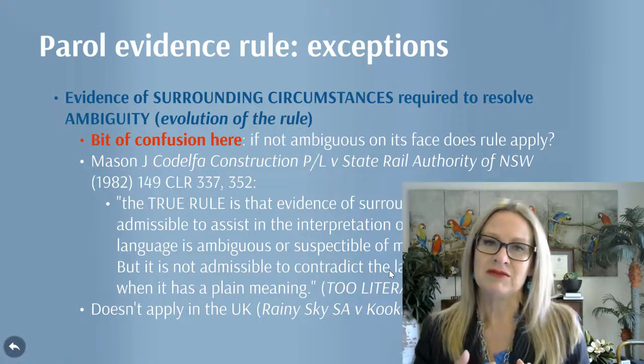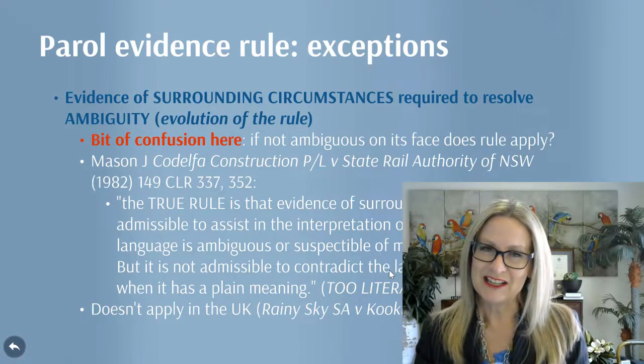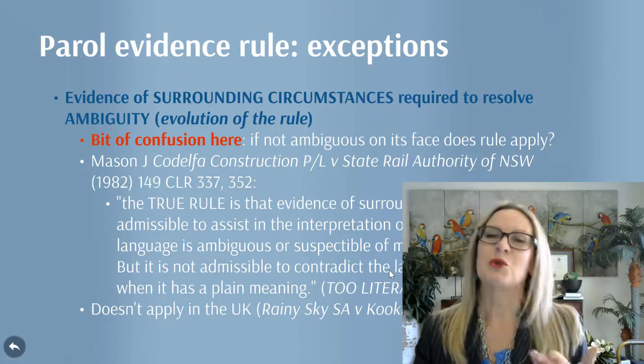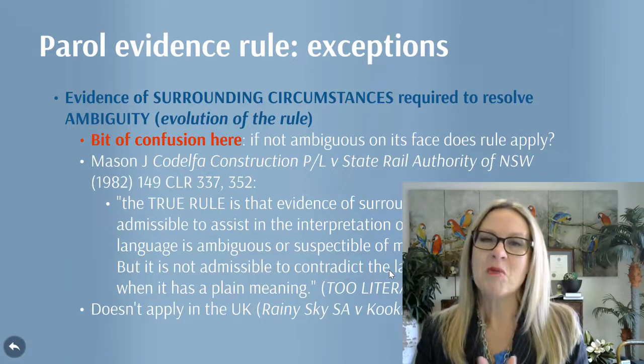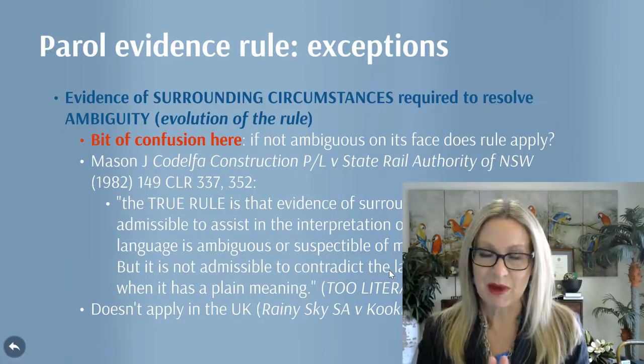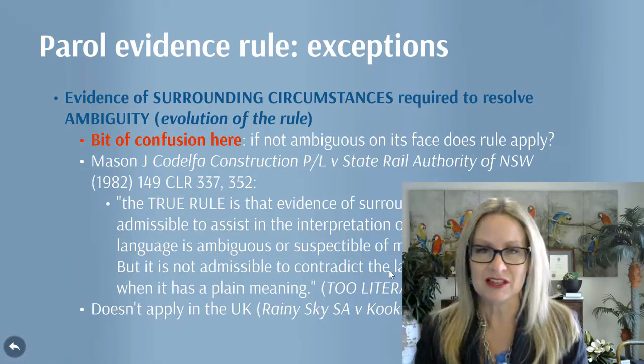However, if you say you're going to let in extrinsic evidence to fix up ambiguity, the logical question, and here comes our no evidence ninja skills, is, if you want to get some evidence in, how much ambiguity has to be apparent from the face of the contract before you can get your extrinsic evidence in?